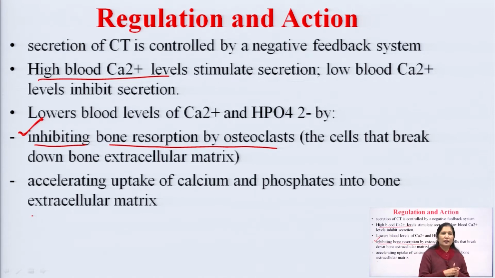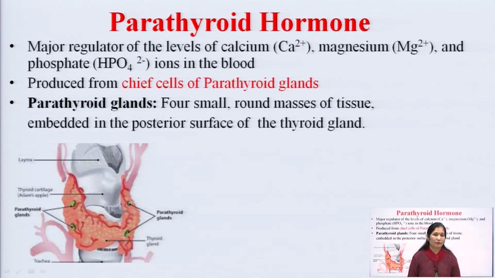So, one thing, it reduces breakdown of the extracellular matrix. Second thing, it is taking up the extra calcium and phosphate from the blood to the extracellular matrix, thus it reduces blood calcium level. So, this is the action of calcitonin to reduce blood calcium level.